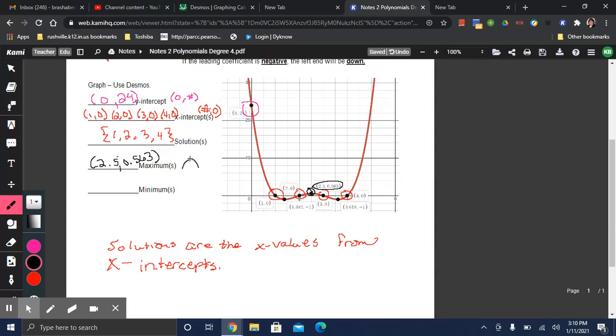And again, that is where the graph has a hill. So 2.5 and 0.563. I'm going to rewrite that.